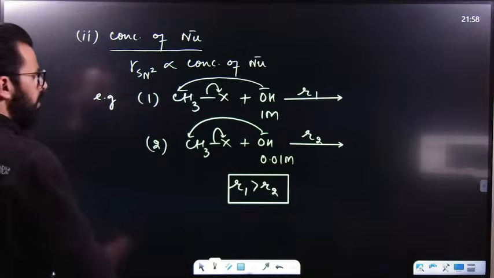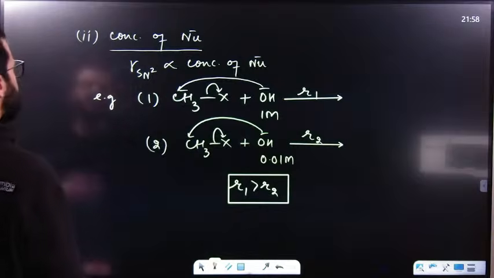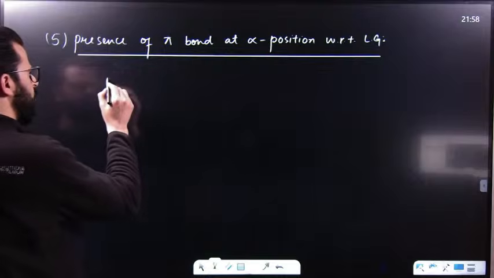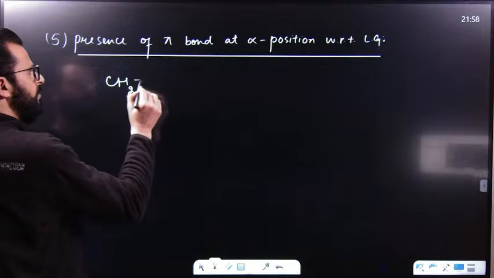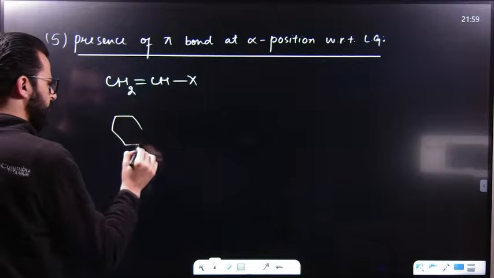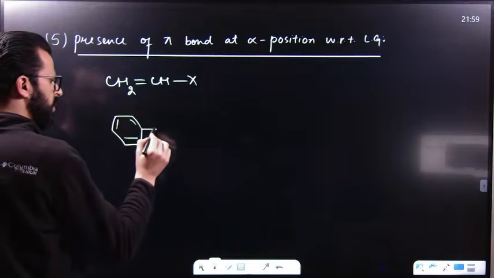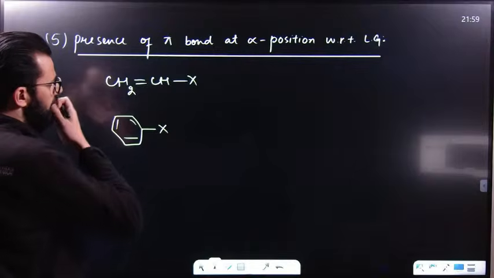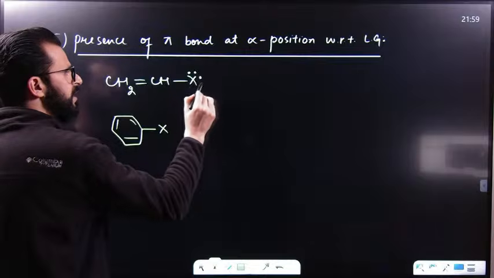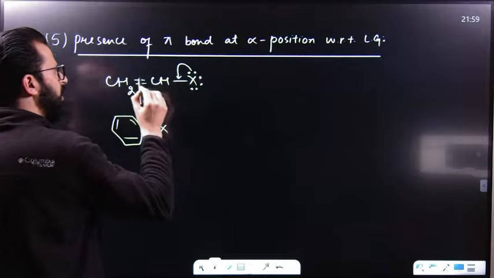Now, after that, next is the presence of a pi bond at the alpha position with respect to the leaving group. Once again, we are talking about vinyl halide and aryl halide. Have a look. When the nucleophile attacks this, it is very difficult to break this bond, once again because of partial double bond character.